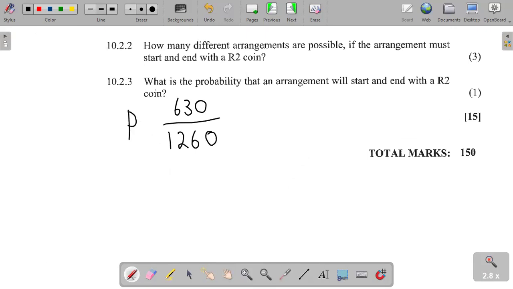So the probability will be equal to, and then you use a calculator. It gives me 1/2, which is the same as 0.5.